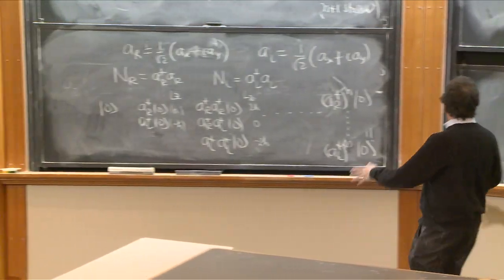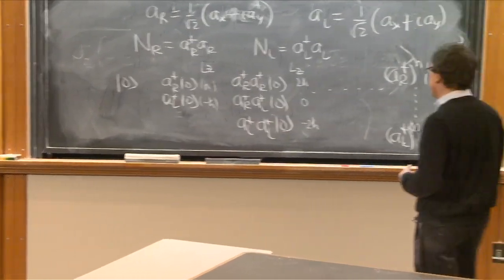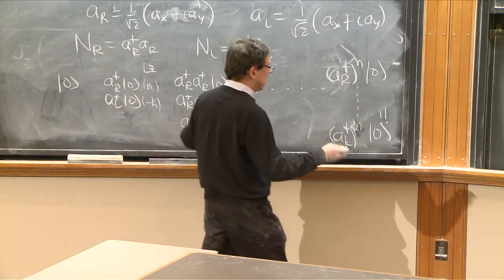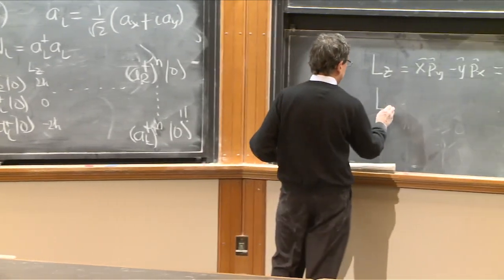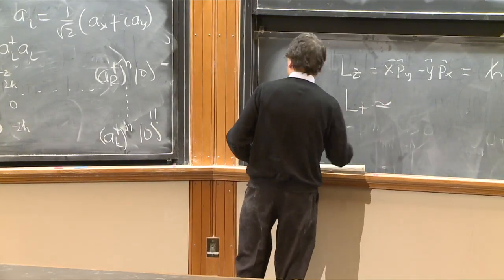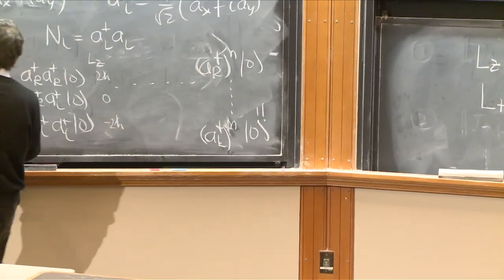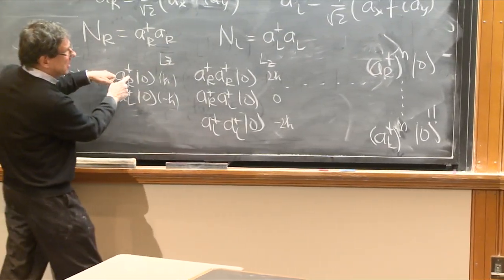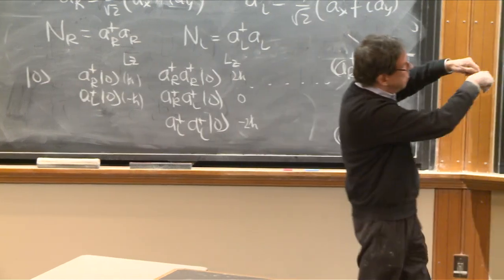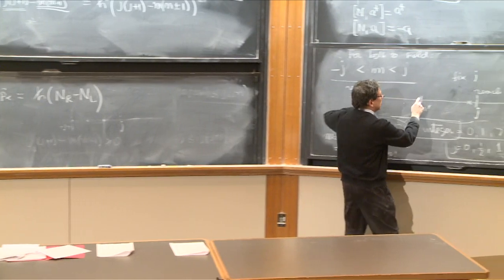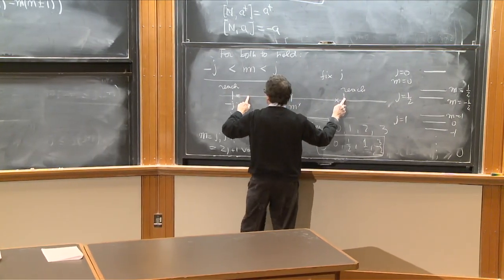Okay, well, one other thing, maybe we can make sense of this. If we had L plus, it should be the kind of thing that you annihilate the top state. Remember, L plus or J plus kept increasing, so it should annihilate the top state.